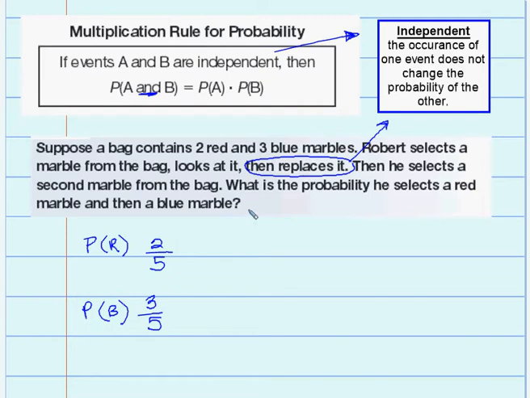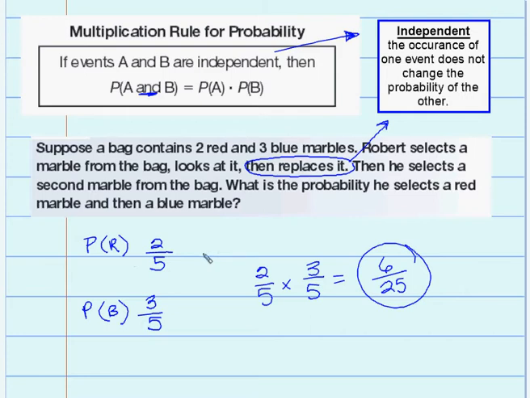But by replacing the marble, the next draw is independent from the first one. So now if I want to know the combined probability, I multiply these two, and I get 6 out of 25. That's the probability that he gets a red and then a blue marble.